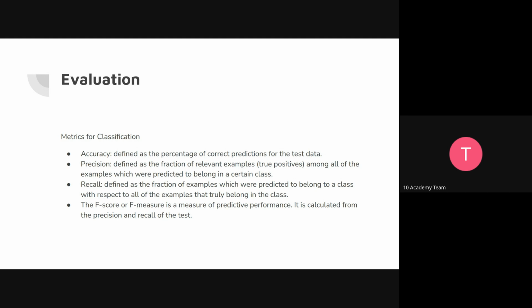If I have a model, let's say I have 100 emails in my training set, and there are only 5 spam emails in those. If I just use a classification model that is very lazy and says every email it sees is not spam, it's automatically going to get 95% accuracy, which is very high.